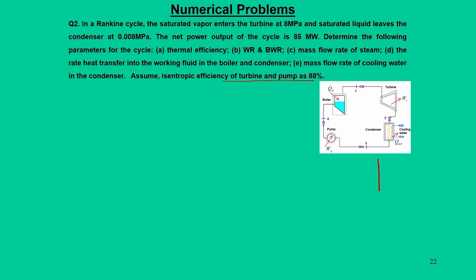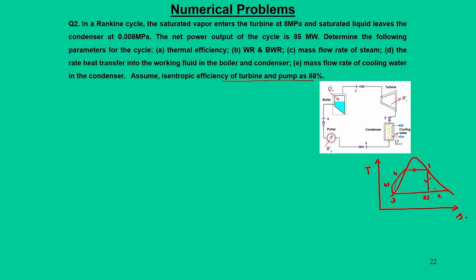We can redraw this cycle in a manner in which we can introduce the component efficiency. So, instead of 1-2, we say it is 1-2s, we say it is 1-2. Now, instead of 3-4s, we say it is 3-4.